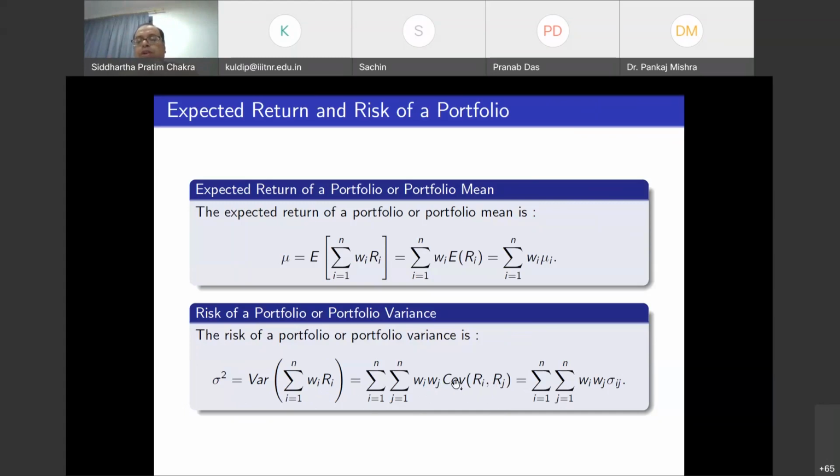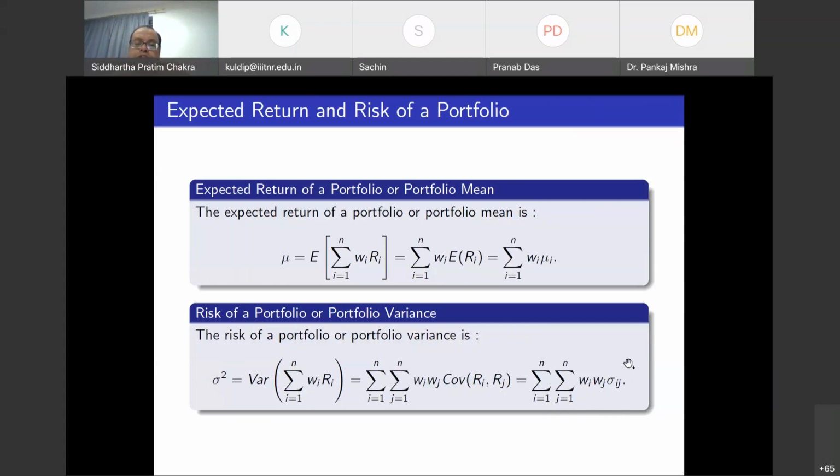And this covariance of Ri Rj, I will denote by sigma subscript ij. So I know what Wi and Wj are. Remember, Ri and Rj are random variables which take certain values, so I can calculate their covariance, which I shall denote by sigma ij. And Wi and Wj are known quantities.